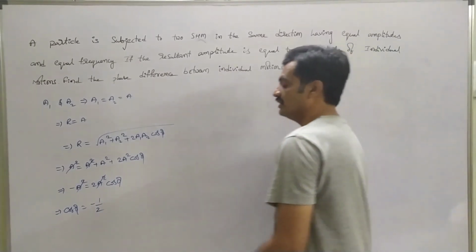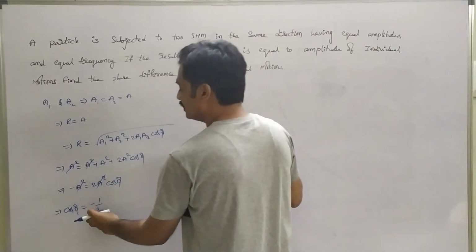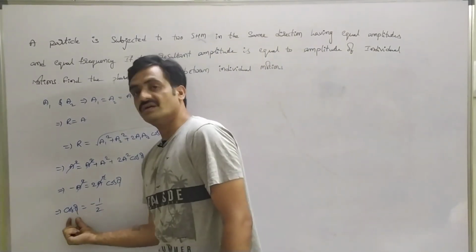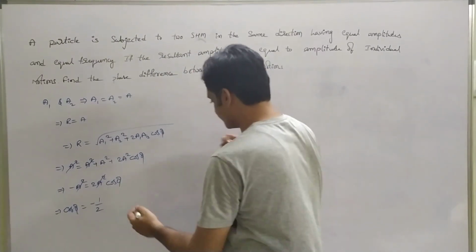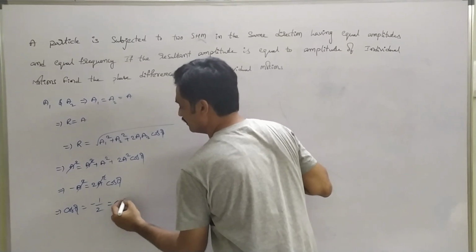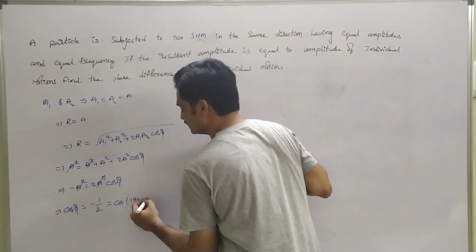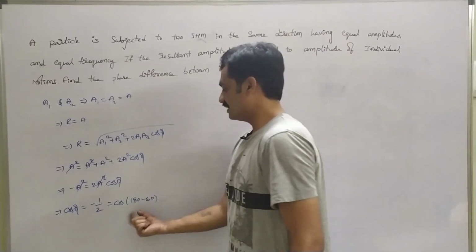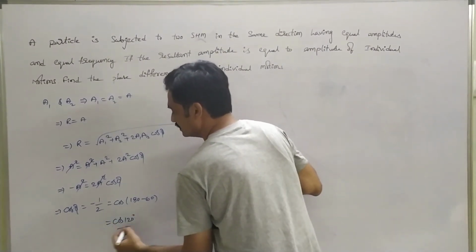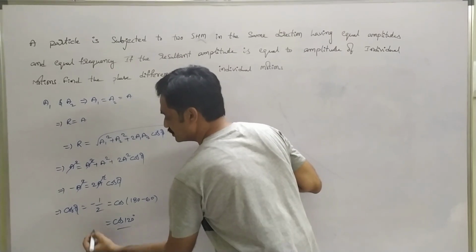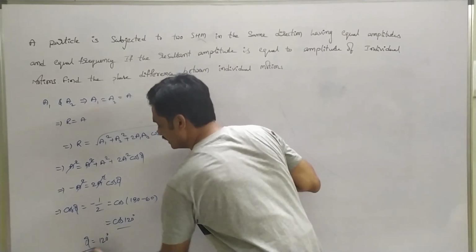So we get this when phi equals 120 degrees, or we can also represent this as cos of 180 minus 60, nothing but cos 120. So here we have the initial phase between the two particles is 120 degrees.